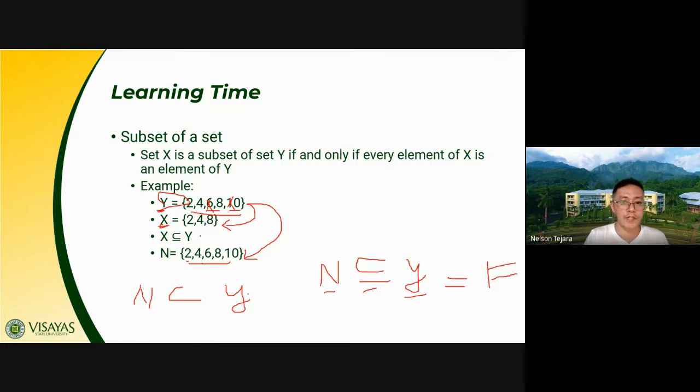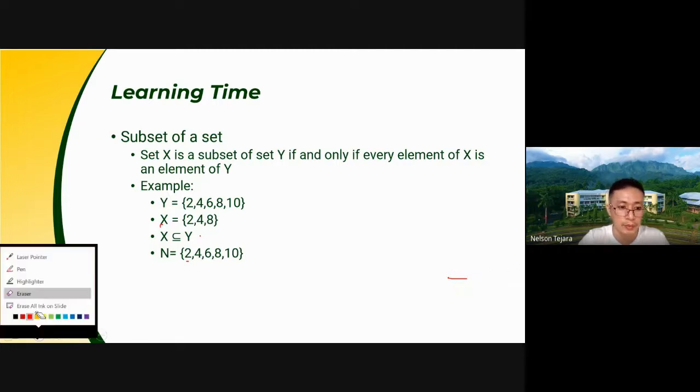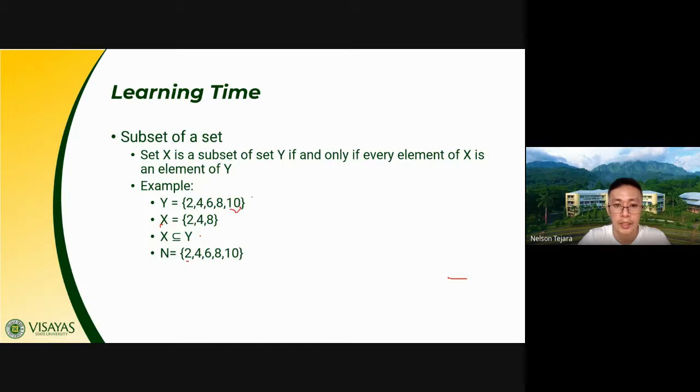Did you get the idea of subset and proper subset, class? Proper subset: a set contains at least one element not in the other set. But for example, if we add an element to set Y, for example element 12, set Y now contains elements 2, 4, 6, 8, 10, and 12, while set N contains elements 2, 4, 6, 8, and 10.